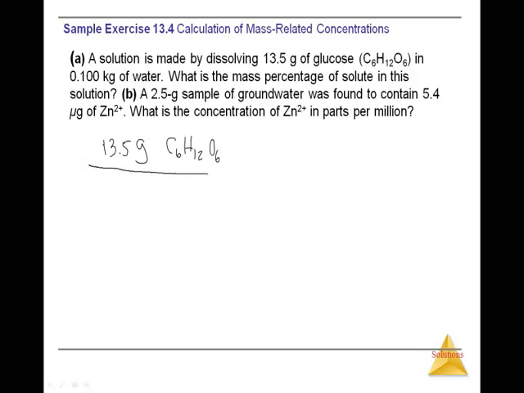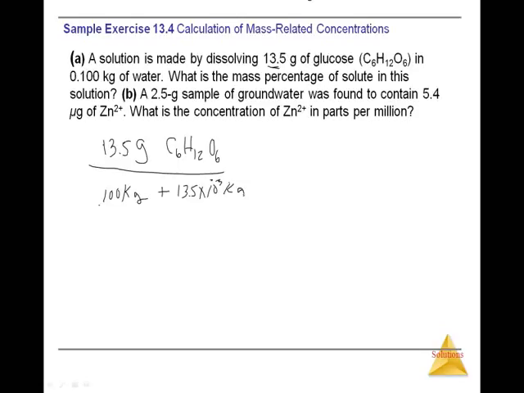So I've taken that 0.1 kilograms of water, I've added this 13.5 grams of glucose. So my total mass is going to be 0.100 kilograms of water plus the 13.5 grams. I'm just going to take 13.5 times 10 to the minus 3. That's my easy way of converting that to kilograms of glucose.